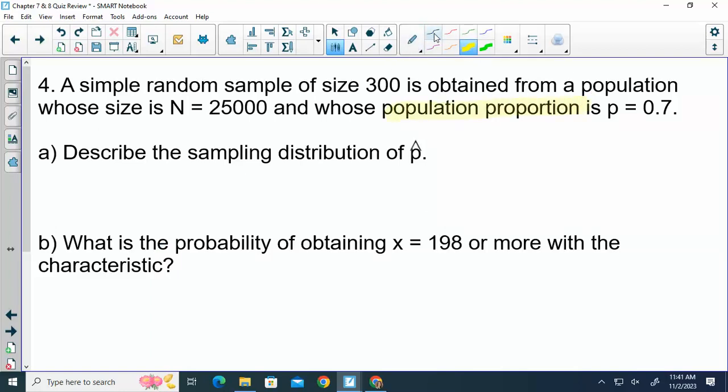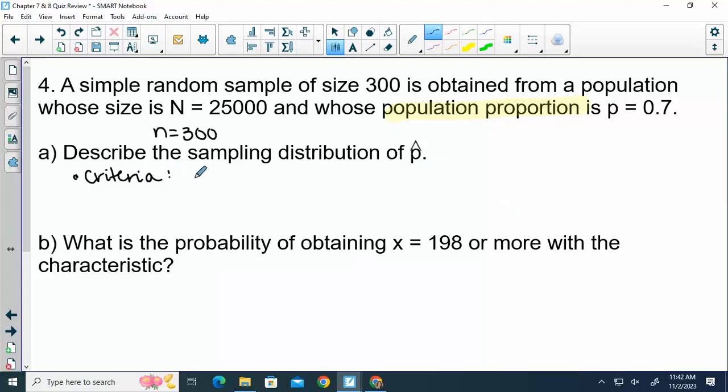So we have a simple random sample of size 300 from a population of 25,000, and the population proportion is p equals 0.7. Describe the sampling distribution. So that's your criteria, your mean, and your standard deviation. Remember, the p hats have 2 criteria.